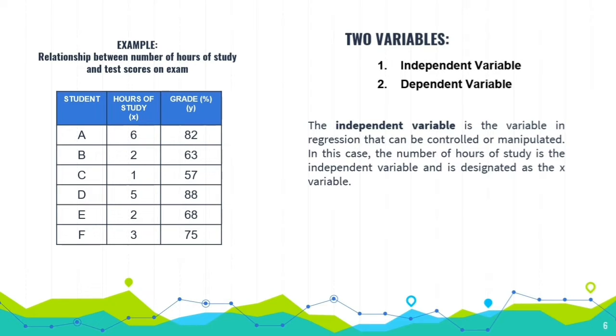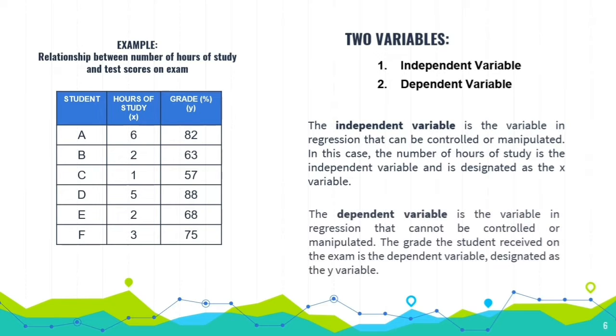So in our example, the number of hours of study is the independent variable and is designated as the x variable, while the dependent variable is the variable in regression that cannot be controlled or manipulated. In our example, the grade the student received on the exam is the dependent variable and is designated as the y variable.